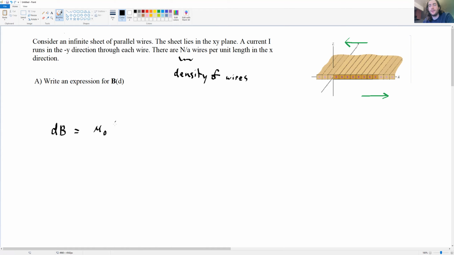So mu naught I, maybe I should put dI here. So dB is going to be mu naught I dI divided by 2 pi, and then the distance that we are above the sheet here.